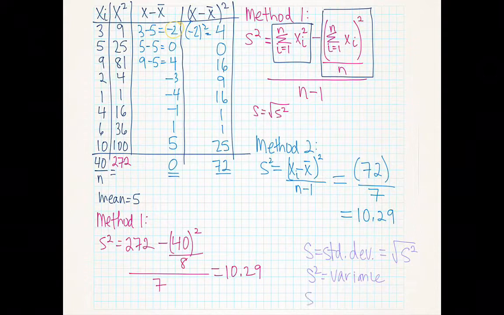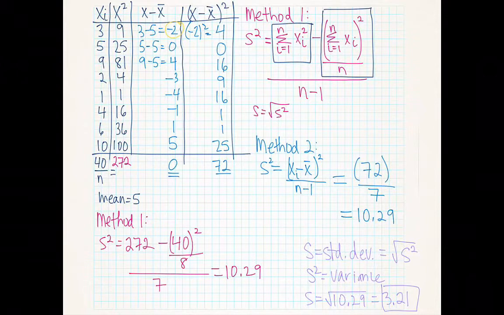So S, if we're trying to solve for the sample standard deviation, is going to be the square root of 10.29, which when you plug that in is equal to 3.21. And that is how you find the sample standard deviation.